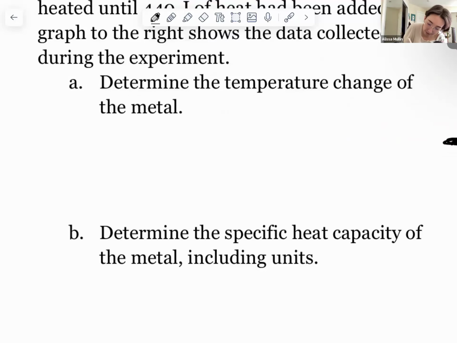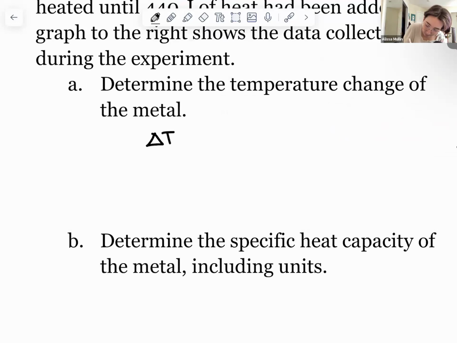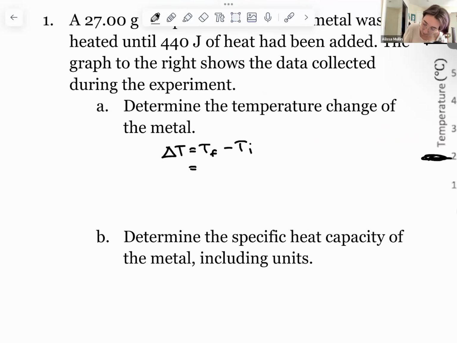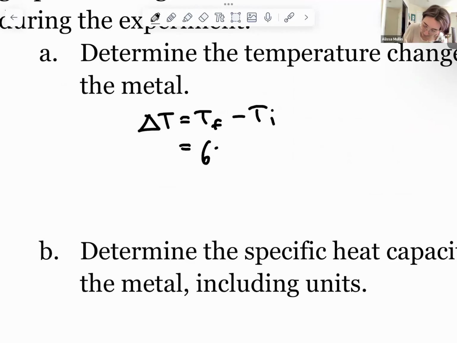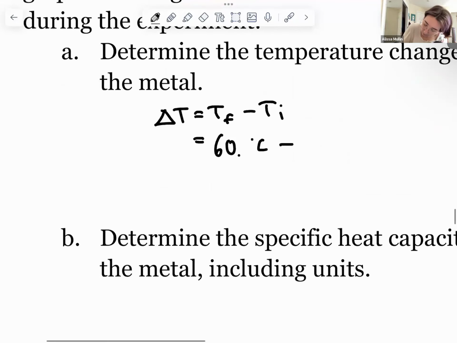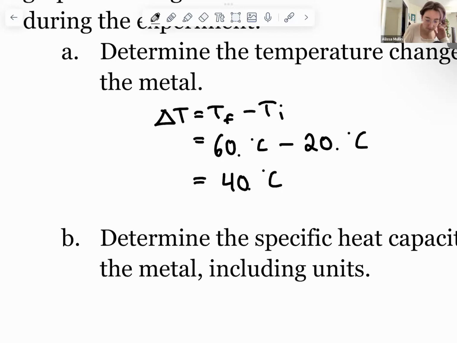So my temperature change is always T final minus initial. Final temp is 60 degrees Celsius. Starting was 20 degrees Celsius, meaning that your net change was 40 degrees Celsius.